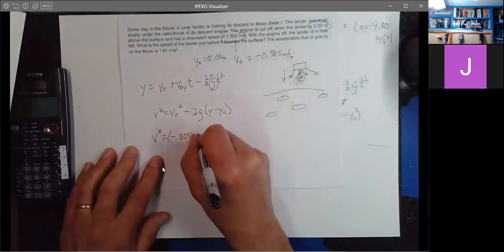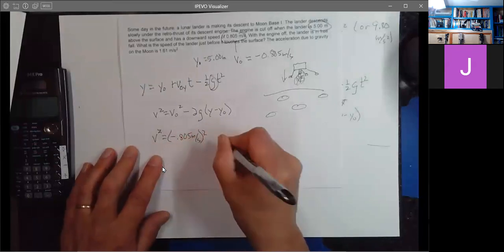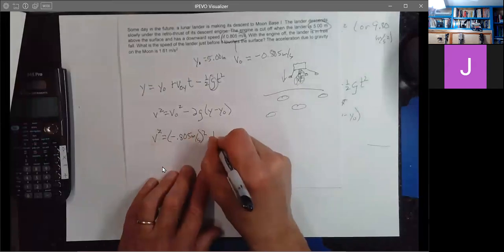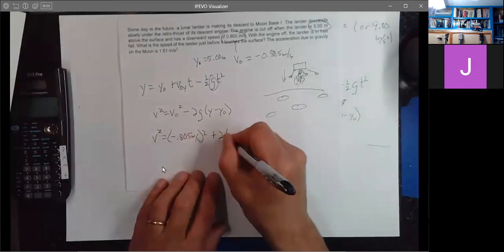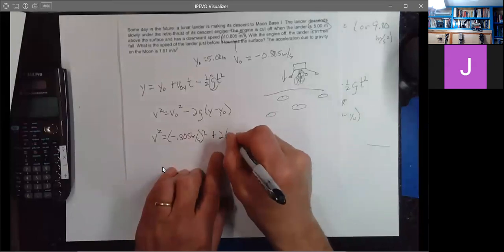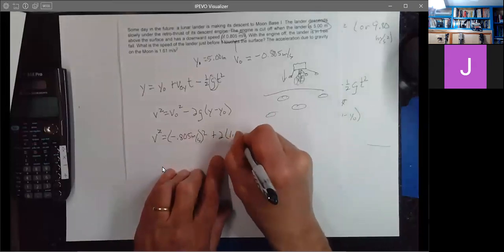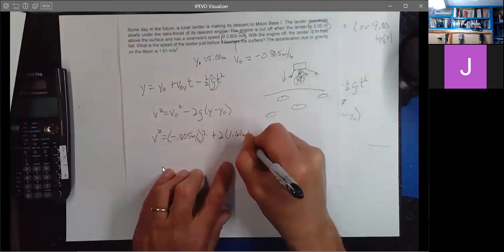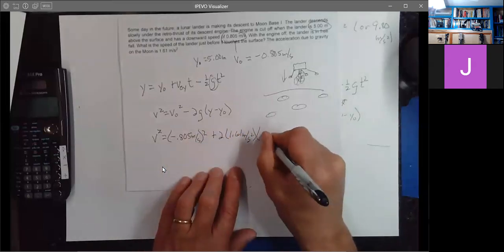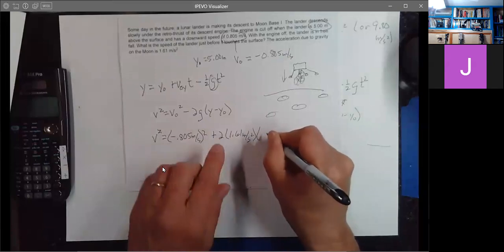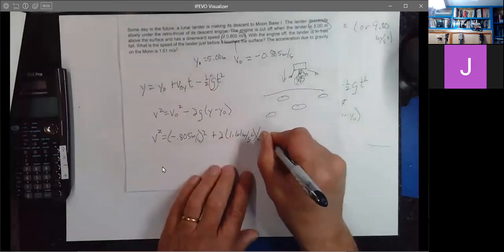0.805 meters per second, but you're squaring that, plus 2 times g, or you can think of it as minus if you want, but the g is going to be 1.61 meters per second squared, and then y naught is going to be 5.00 meters.